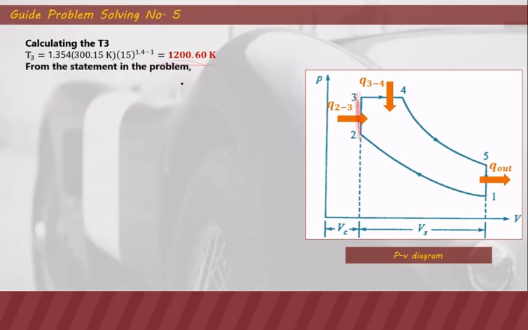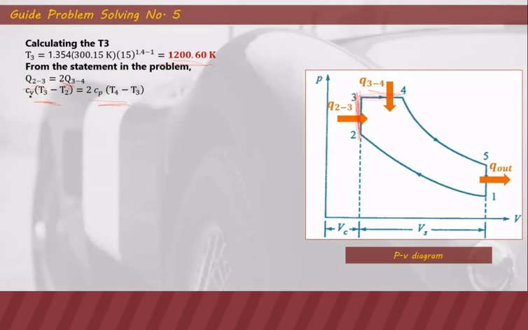From the statement, it is stated that the heat addition at constant volume is twice the heat added at constant pressure. So this is Q2-3 in equation form, this is how you can write that. In equivalent formula, our Q2-3 happens at constant volume, that's why we can write that as Cv(T3 minus T2). And our heat addition at constant pressure can be written as, since this is constant pressure here, twice Cp(T4 minus T3).